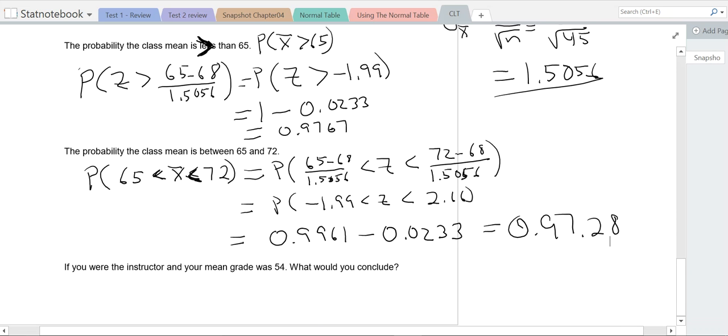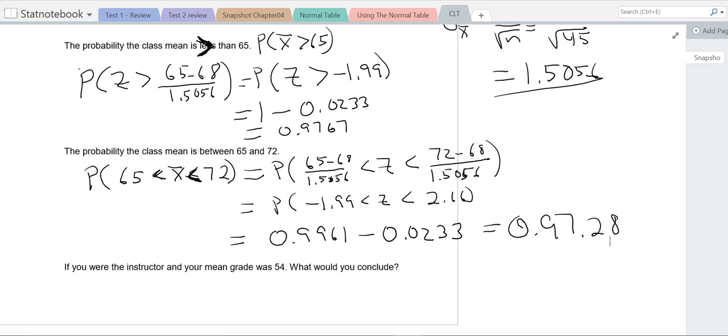Now, if you were an instructor and your mean grade was 54, what would you conclude? Well, basically, I put these kinds of questions out here because they're sort of open-ended, subjective, because it would only suggest that you should look at the test. Maybe something was wrong. Maybe how did you present in the class? A lot of things you should look into, because if you look at the percentages above, the probability of being above 65 is almost 98%, okay?